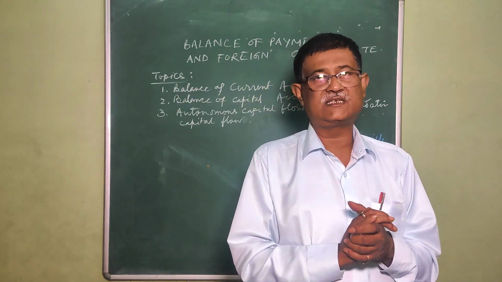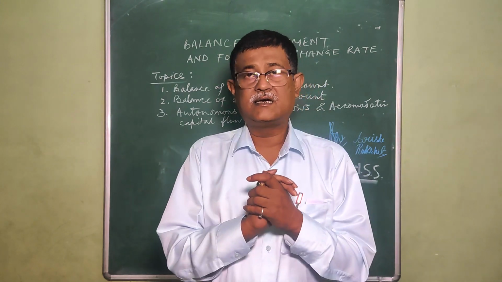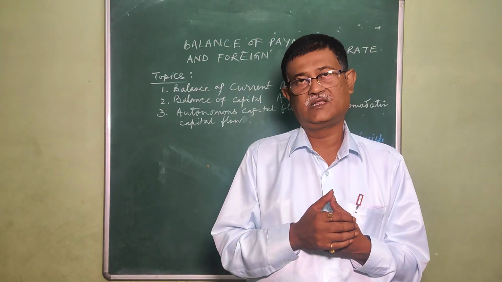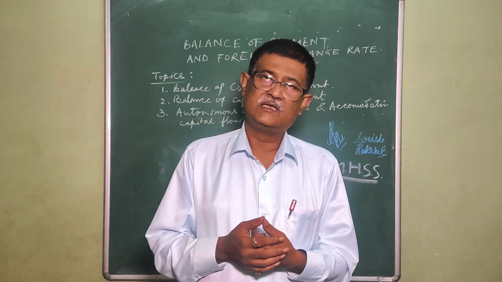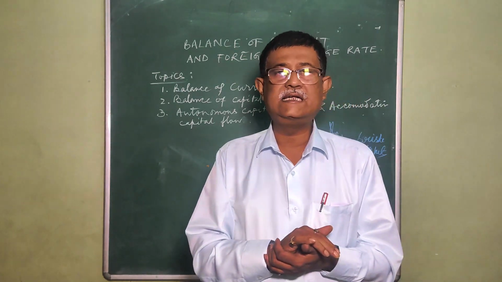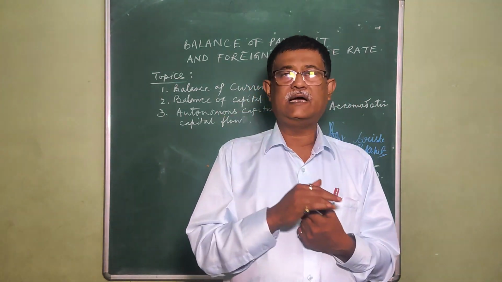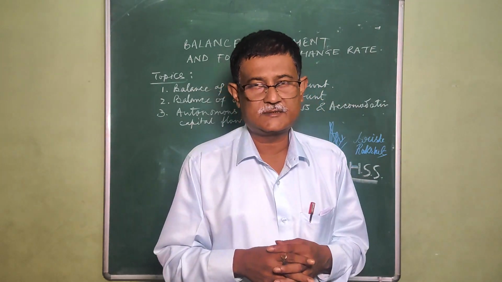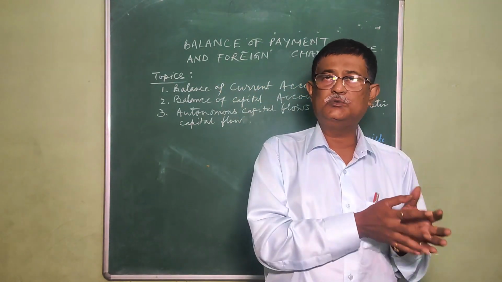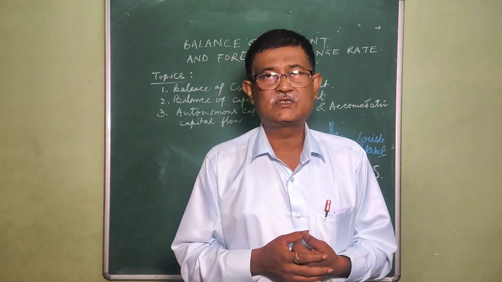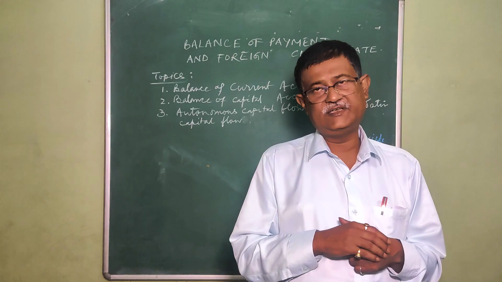Balance of transfers here means the unilateral transfers between countries. For example, it includes the war indemnities given by one country to another for war damages, then the economic aid given by one country to another in times of natural catastrophes.